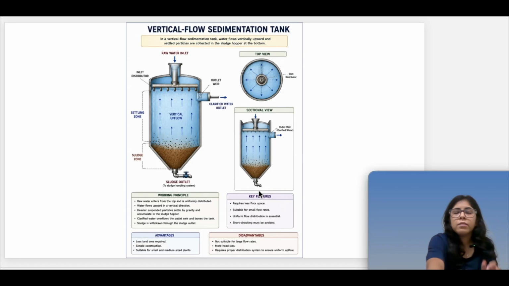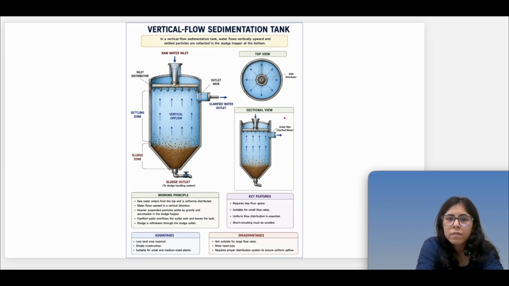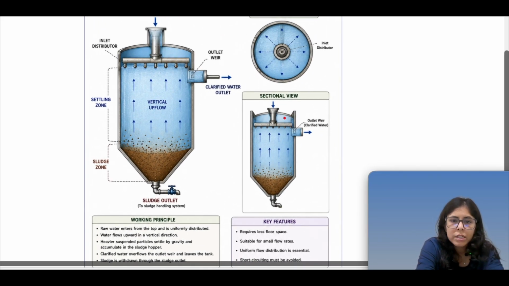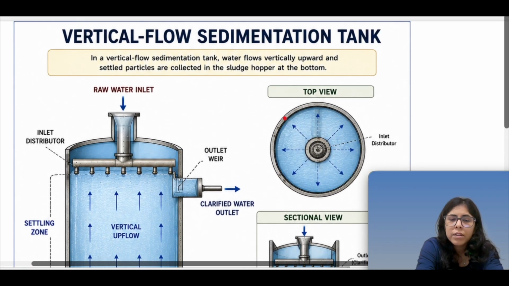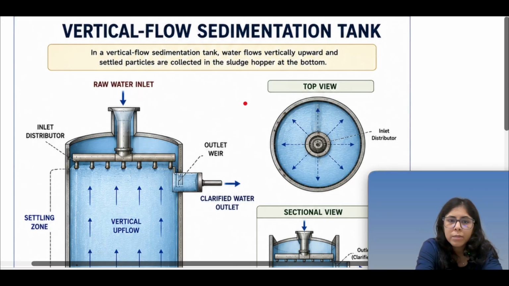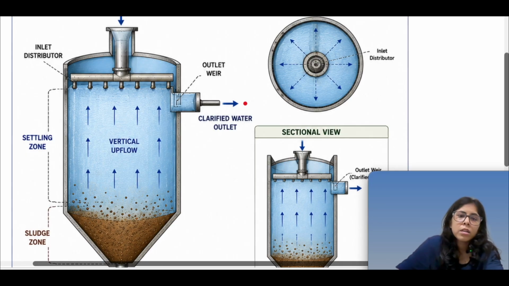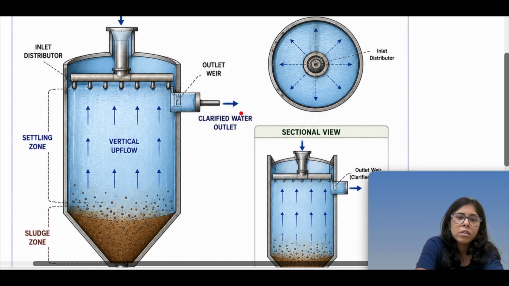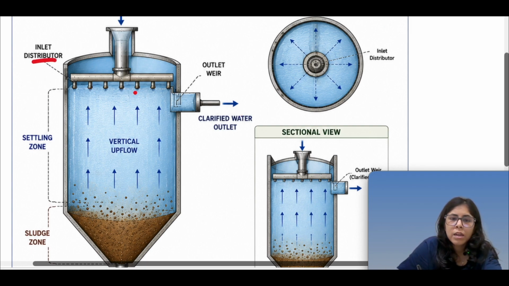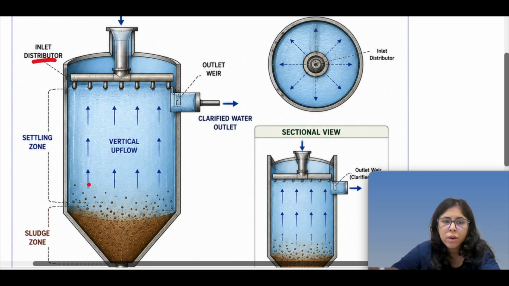And then we have come to the last one, which is the vertical flow sedimentation tank. It works a bit differently. In this, the water flows vertically upward and settled particles are collected in the sludge hopper at the bottom. So you have the inlet distributor and the outlet, and we allow the water to flow upward.